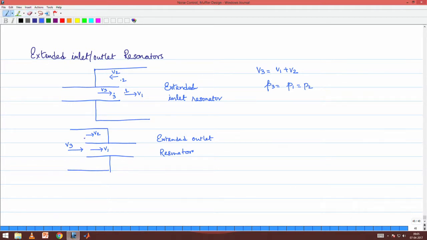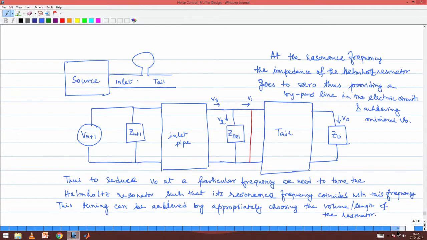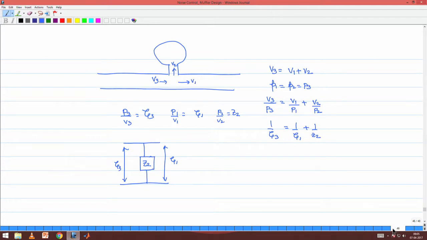Therefore, the pressure at each of these 3 points marked as 3, 1 and 2 has got to be the same. So, these two conditions are identical to the Helmholtz resonator condition that we had described in the earlier class, which was, as we said, sort of an academic exercise because you do not really find these kind of mufflers.